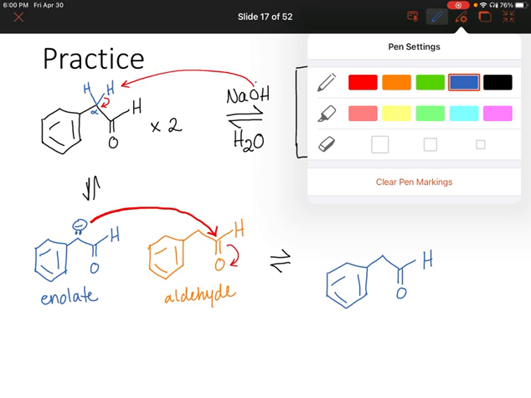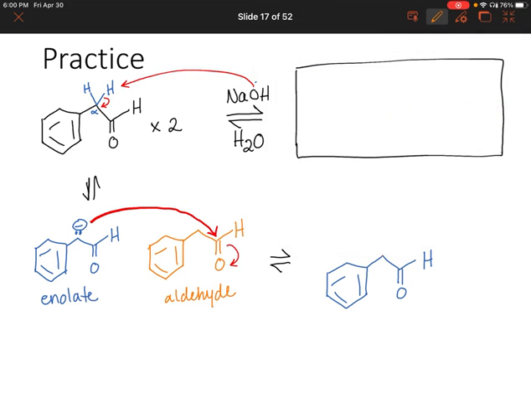So I will draw the bond in orange, but I'll also highlight it in a bit so that we know it's a new bond. So the highlighted bond is the new bond that formed between the enolate and the aldehyde.